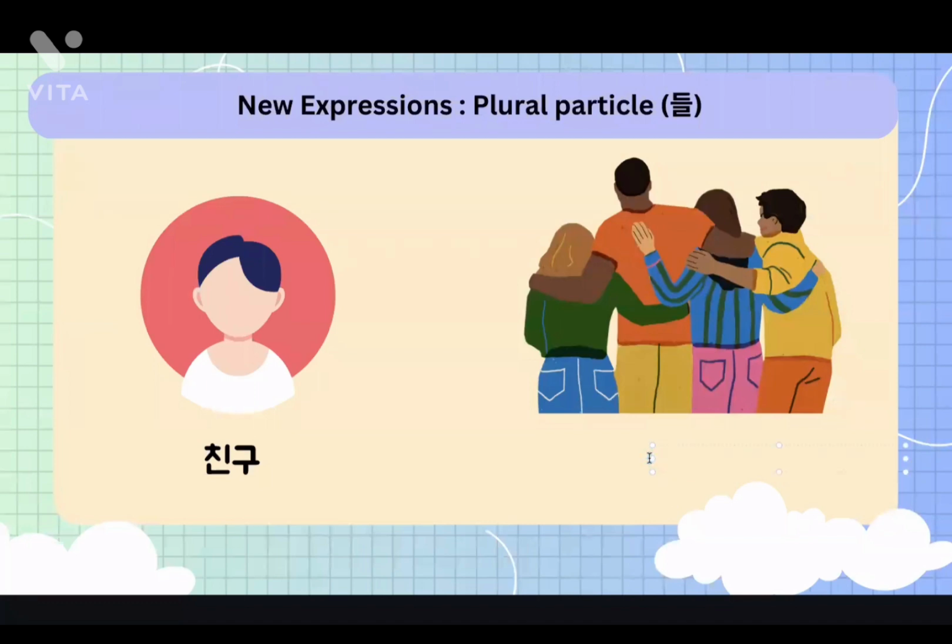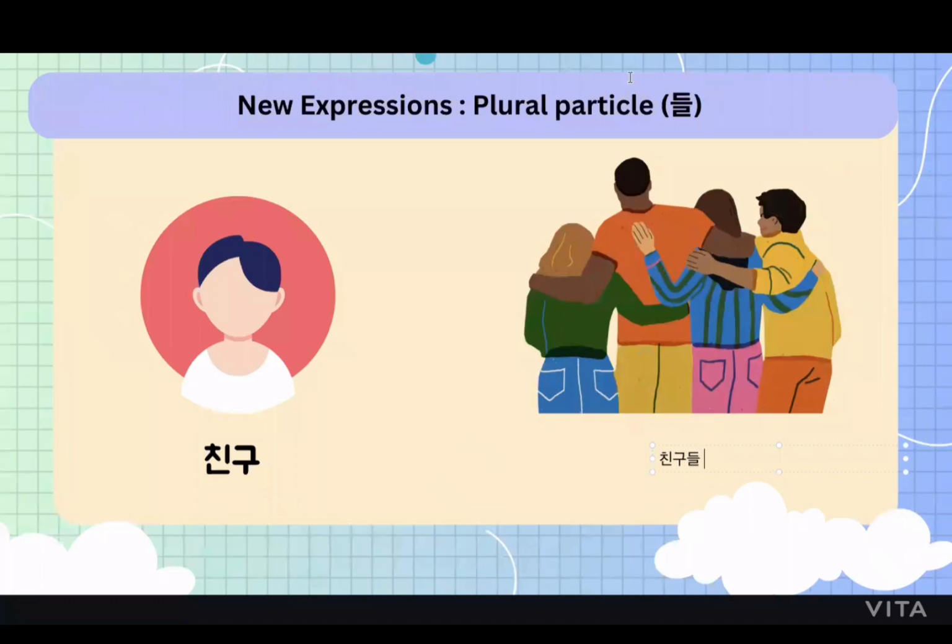Maybe two or three or four. 자, 여기는 네 명의 친구가 있죠. Here's four friends. 그래서 네 명의 친구. Then you should say 친구들이 됩니다. So just after the noun, you can put the plural particle 들. So 친구들이 되겠습니다. Remember please well, 친구들.